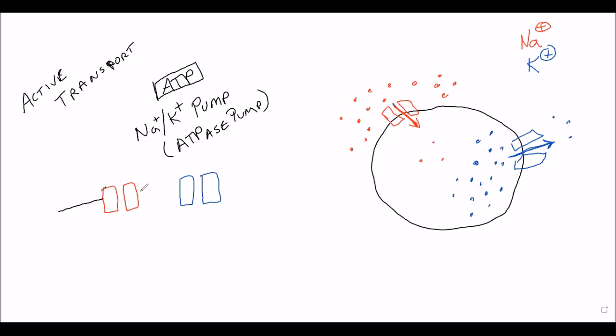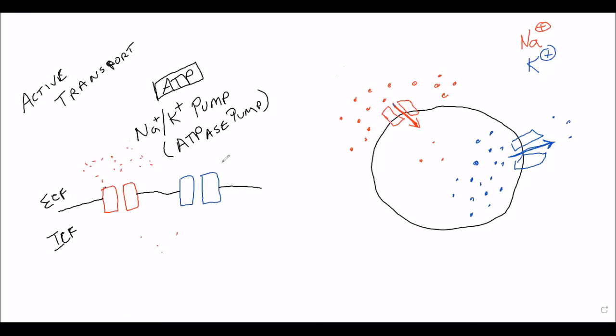So this is our cell membrane. This is going to be the extracellular fluid. This will be the intracellular fluid. Okay, so we have more sodium outside than inside.